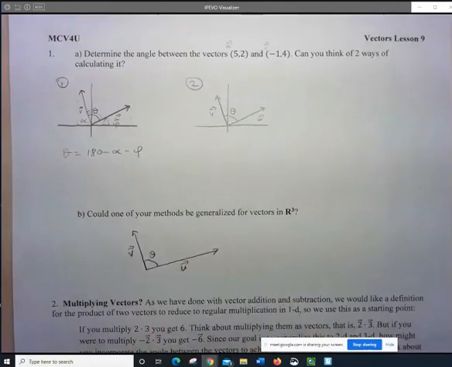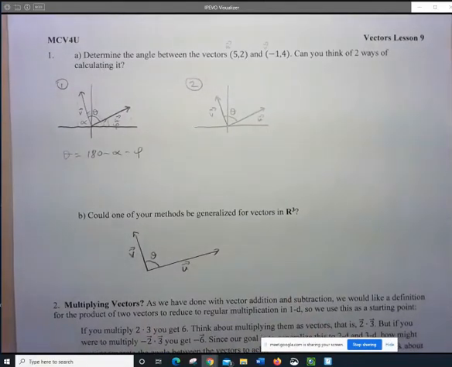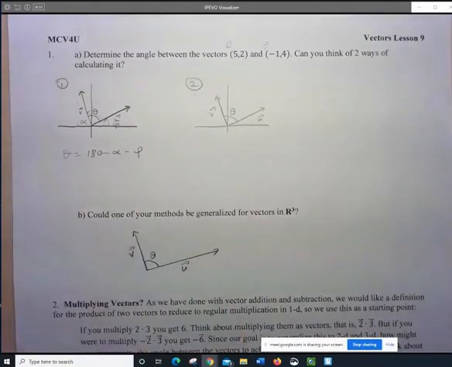So what other method might we use with these 2D vectors? Anybody come up with an alternative to what we just talked about? I'll give you a hint here: you have to create another vector in order to do this.